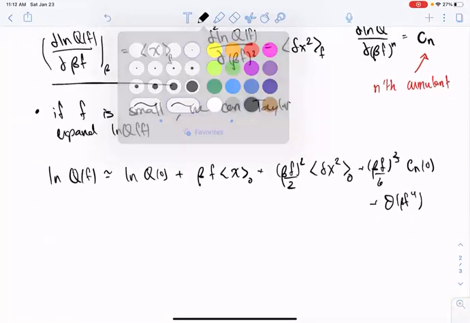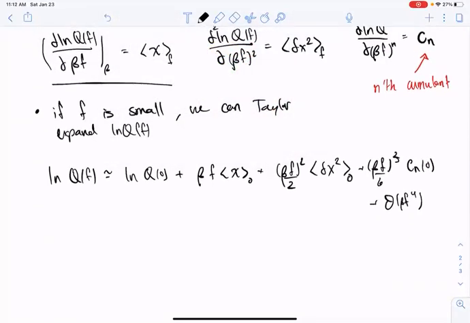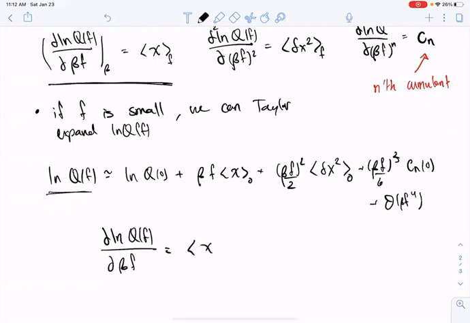Now, taking the derivative of the left-hand side with respect to beta F, we have already identified that as the average position in the presence of the force.